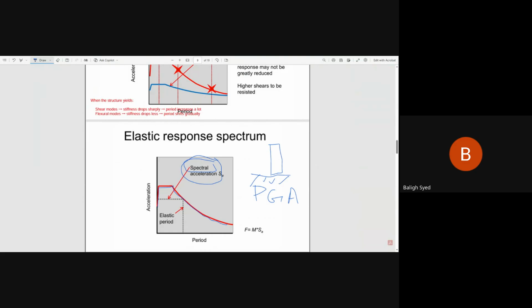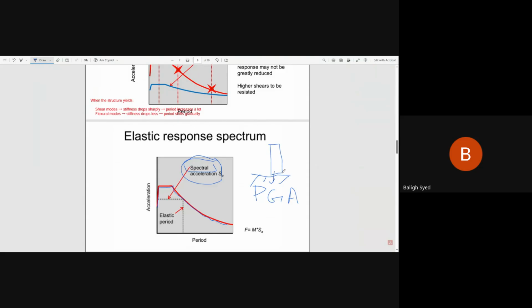The damage, the hazard or the risk, all philosophies will be completely different, because it is just sitting there, like a book sitting on a table while you move the table. That's called peak ground acceleration. Simple concept, right? And this is what the UBC targeted, but the IBC did not.